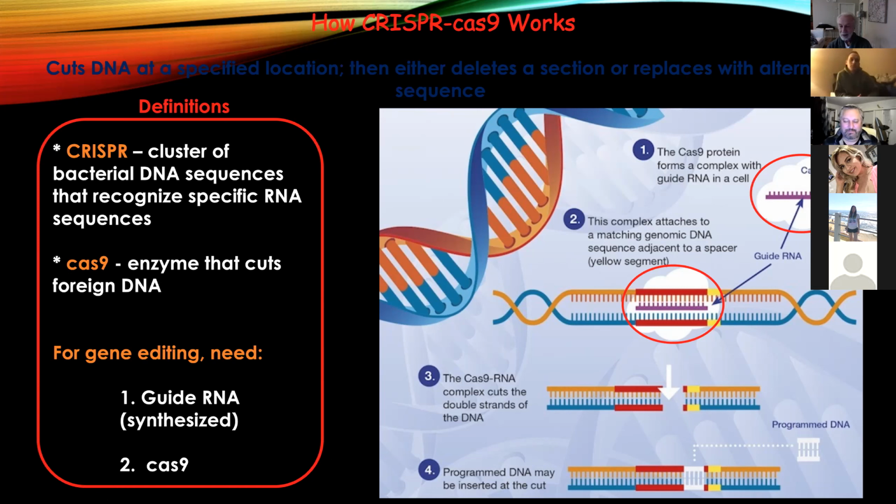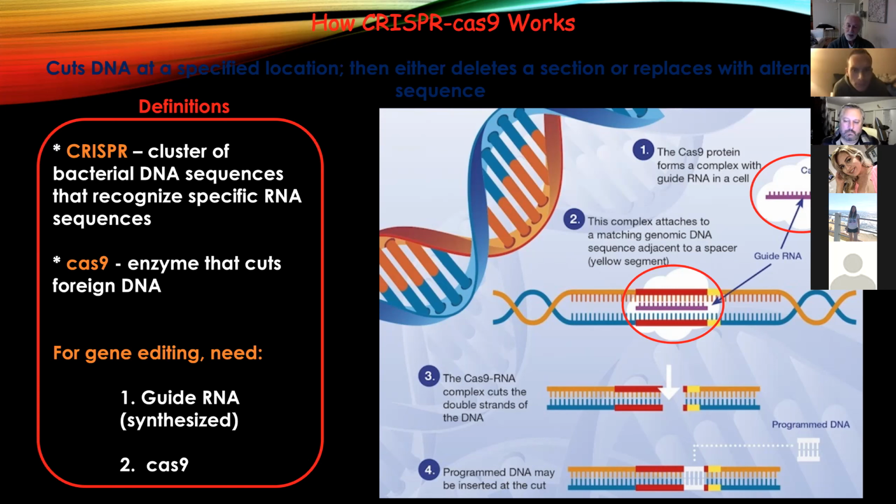So when the technology was first described, there was a group in China that used it on human embryos. And that was roundly discouraged throughout the world. Everyone said, you don't do this with humans. But it's been done with many other different kinds of organisms that people do not consider to be unethical manipulations.